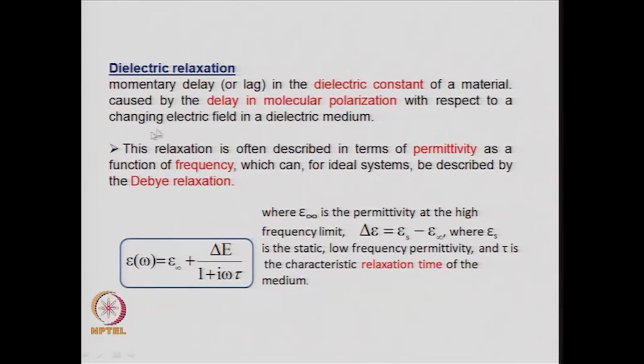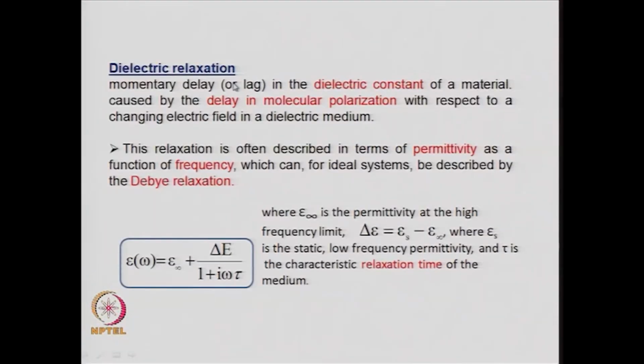So, with respect to a changing electric field in a dielectric medium, there is a delay of the movement of the dielectric constant following the change in the electric field. So, as the electric field vector is changing, there is a lag in the dielectric constant following the change in the electric field, and that is called dielectric relaxation.